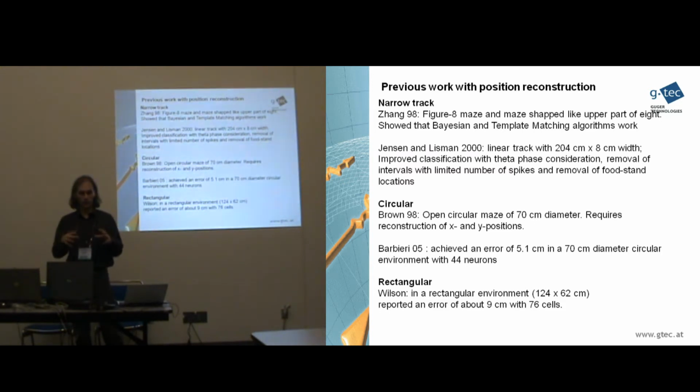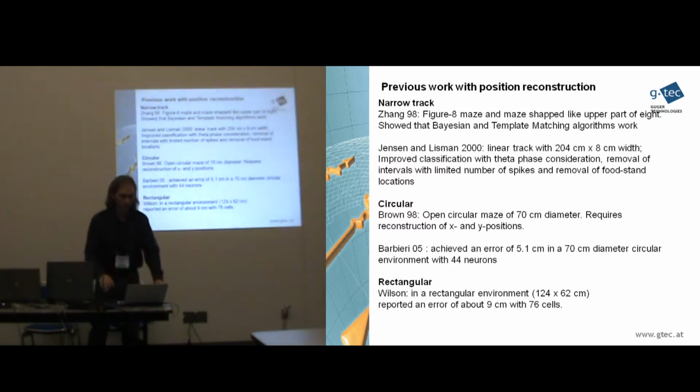So if a rat, for example, is not moving around, the number of spikes is reduced. And of course the position reconstruction accuracy can be improved if you remove these intervals. They also noticed that if the rat is at the food stand and eating, then they get a lot of artifacts. So if you remove these sections from the data, you can also improve accuracy.